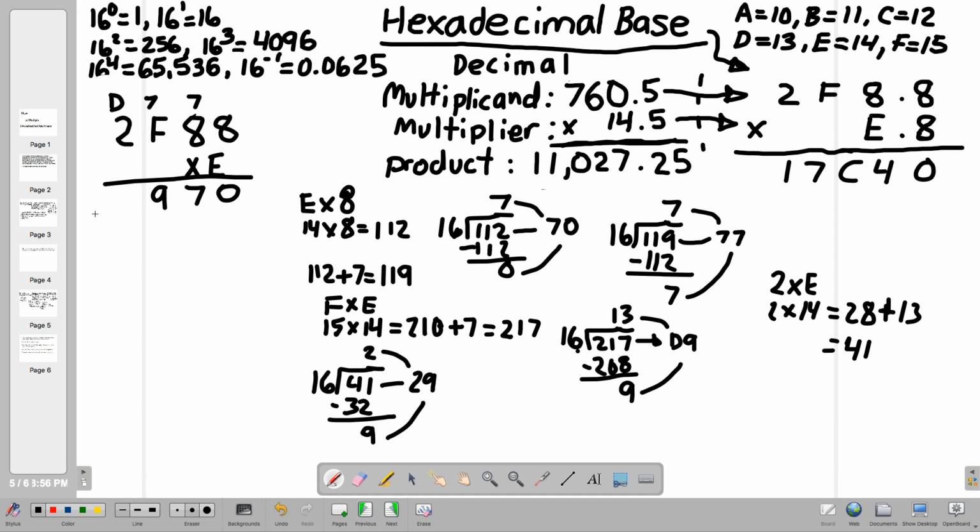So 29 goes here. And let's go ahead and move that over because that's what we're going to add up. So this is 0, 7, 9, 9, and 2. And we'll try to make room there. So let's try to clear this out so that we can compute.